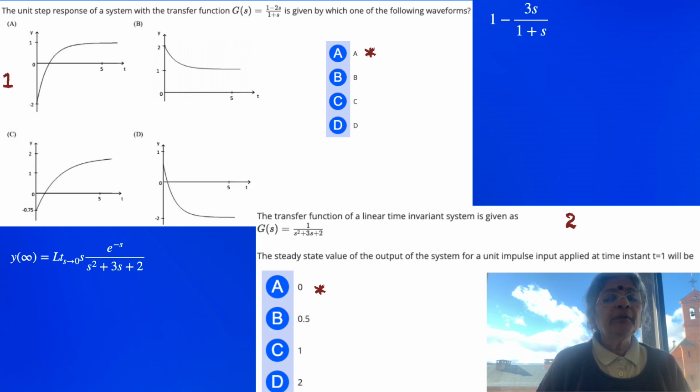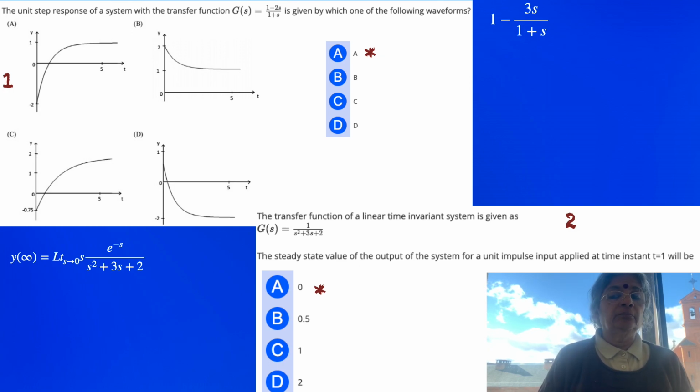The first problem, we are given four response curves. Yes, it's y with respect to time. The first one, A, starts at -2. It's exponential, no doubt. Similarly, B starts at +2, and it's again a decaying exponential.